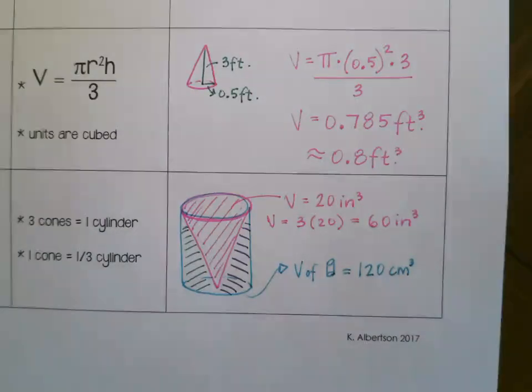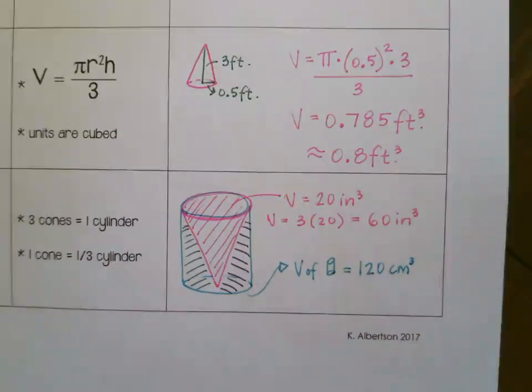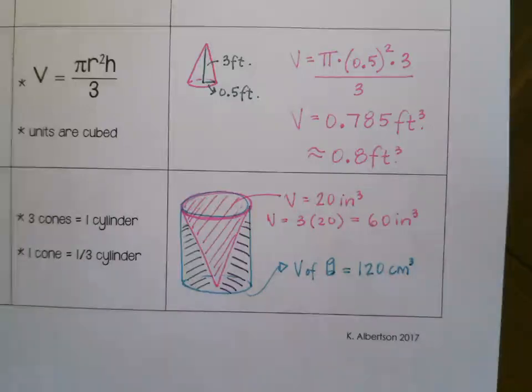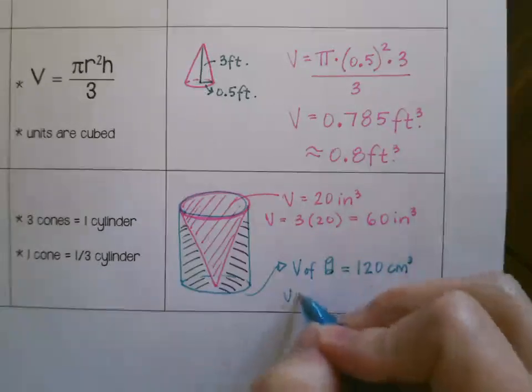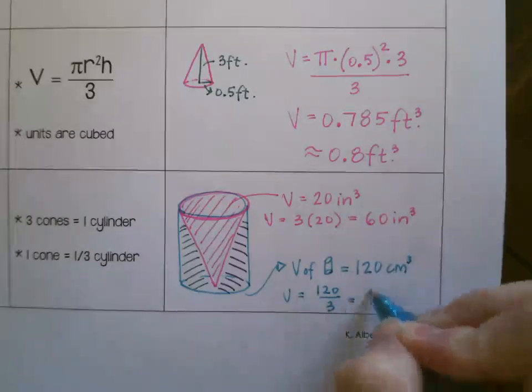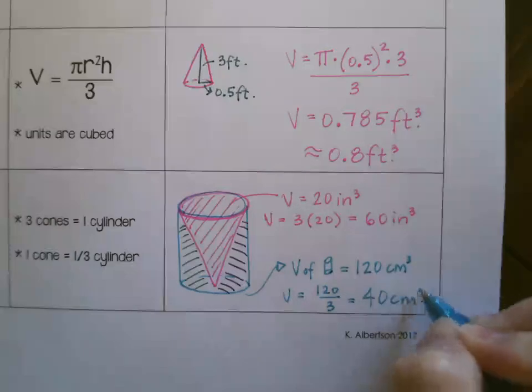Would you be able to figure out the volume of the cone? Well, let's think about it. If the volume of the cylinder is worth 3 cones, then all I need to do is split 120 into 3 different cones. Then that must mean that the volume of a cone would be 40 centimeters cubed.